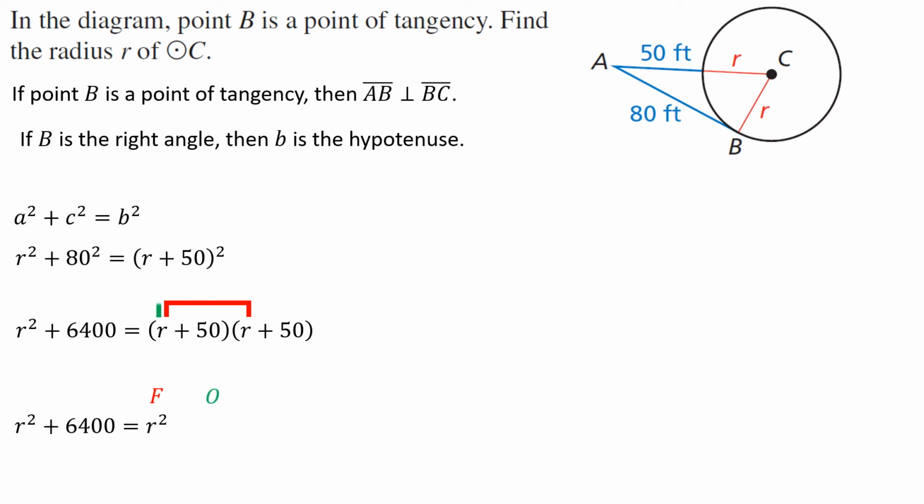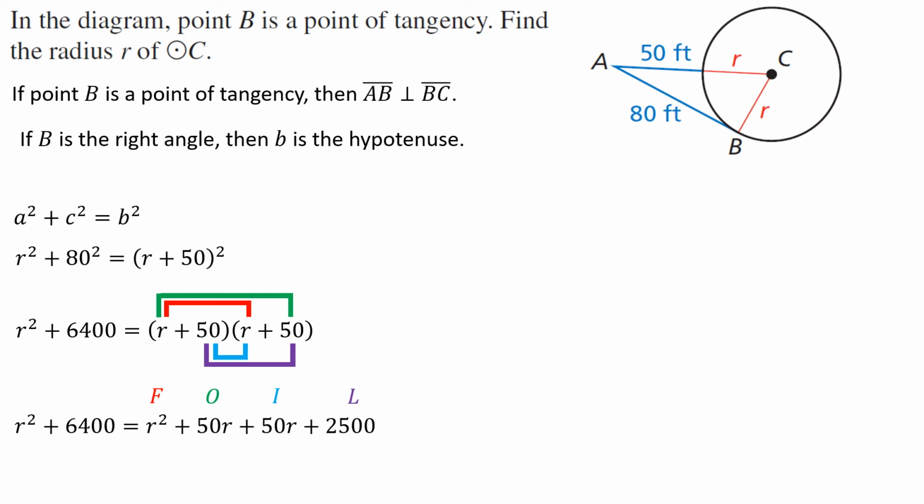Outer, R times 50 is 50R. I for inner, 50 times R is 50R. L for last, 50 times 50, 2,500. Let's combine like terms.